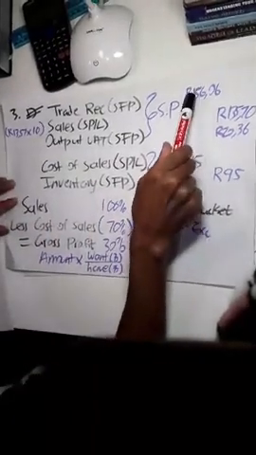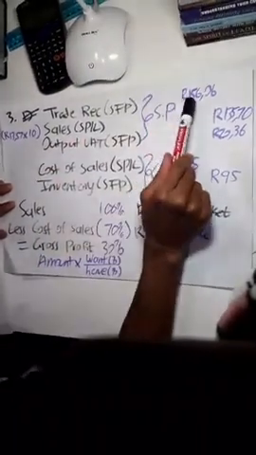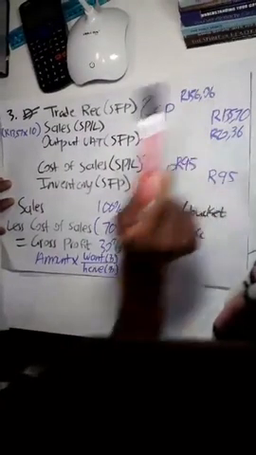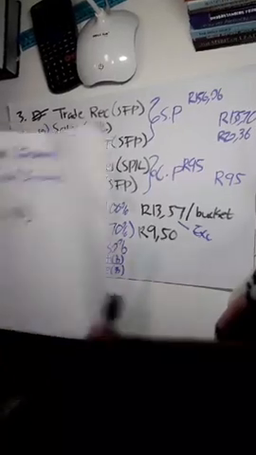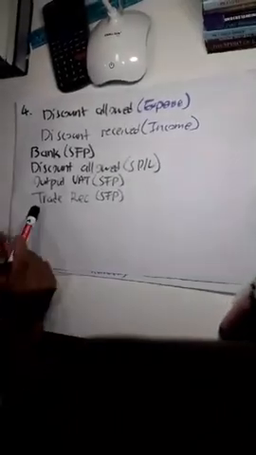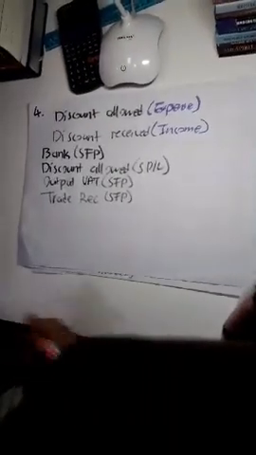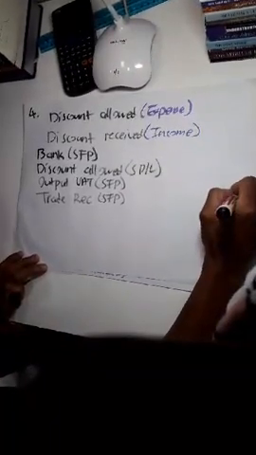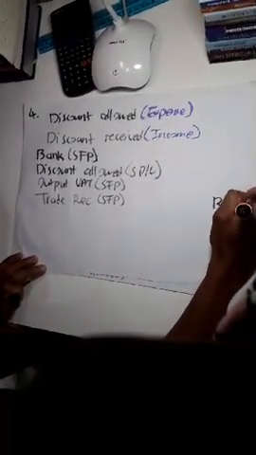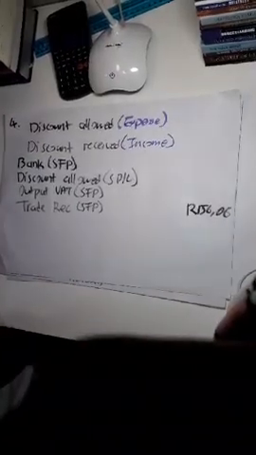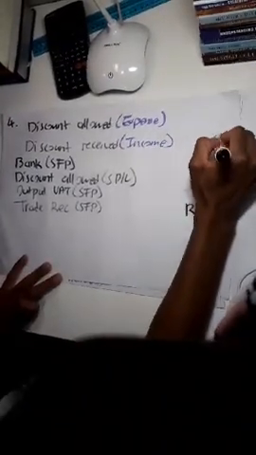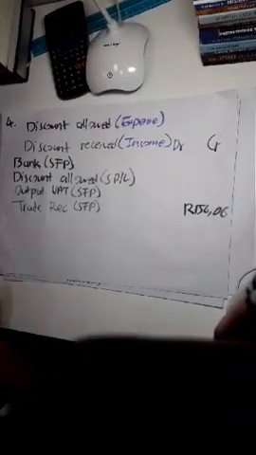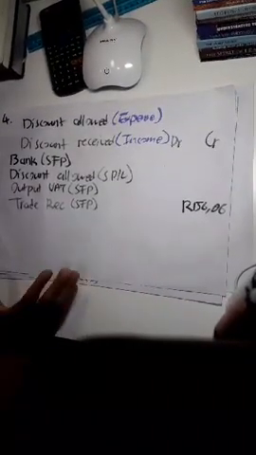So Binkosi owed us 156.06. Keep that in mind. Now we need to decrease our trade receivable by 156.06, on the credit side, because trade receivable is an asset, and an asset decreases on the credit side, right?